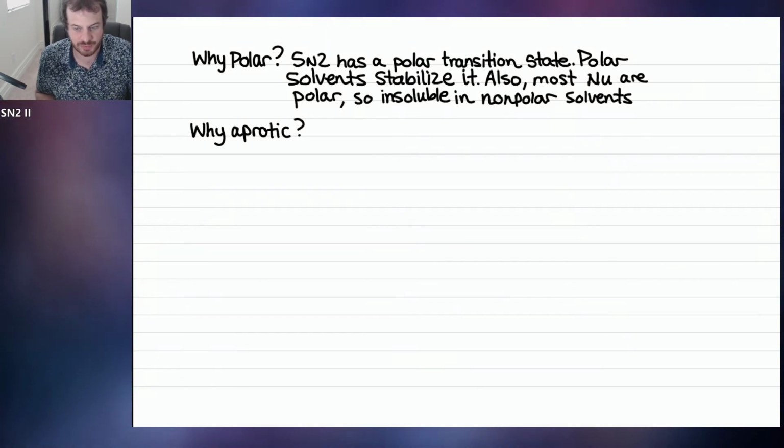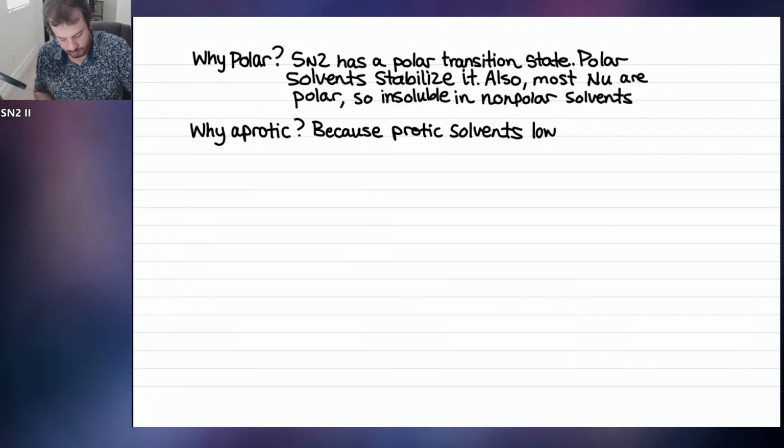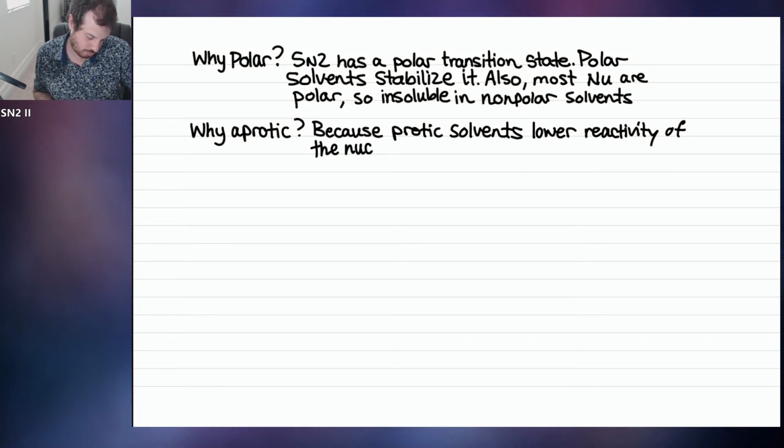Because protic solvents lower the reactivity of the nucleophile by hydrogen bonding it.